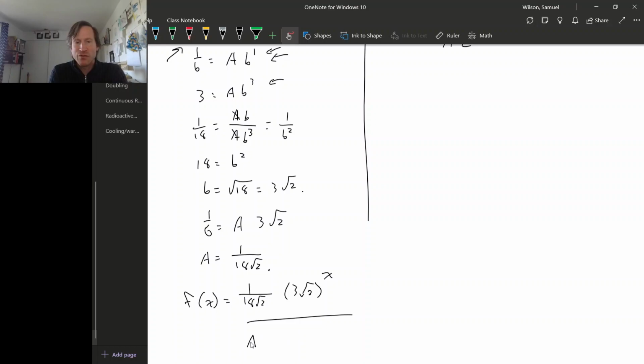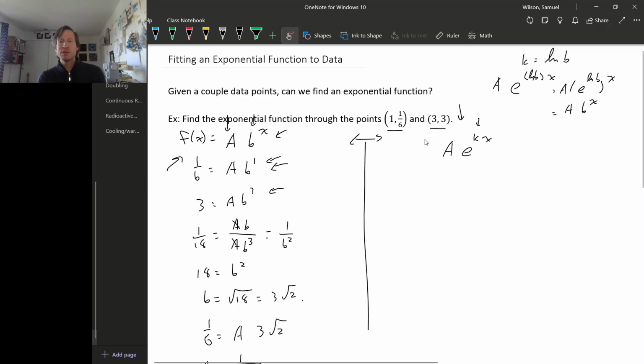And you can see it's written in the form a times a base to the x. Now if you need to fit an exponential to a couple data points and you want to use this flavor of the formula for an exponential, you can plug in these data points just like we did before. The equations you get will be a little different. So we get 1/6 equals a e to the k times 1, so just a e to the k, and then when we plug in our second data point, we get 3 equals a e to the 3k.